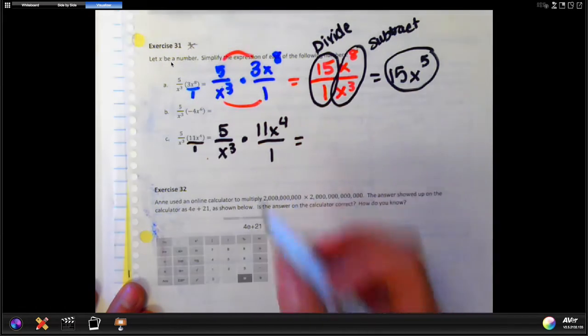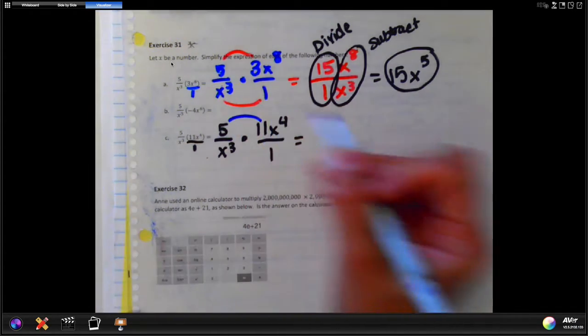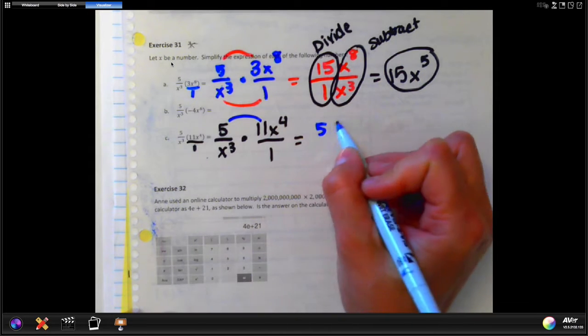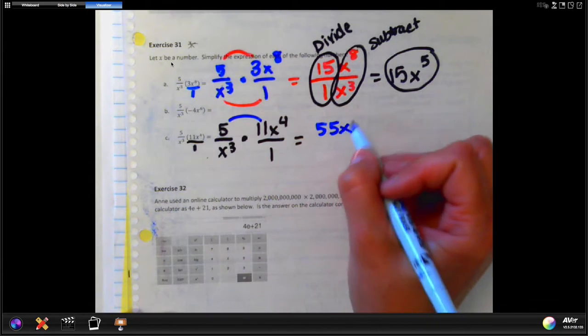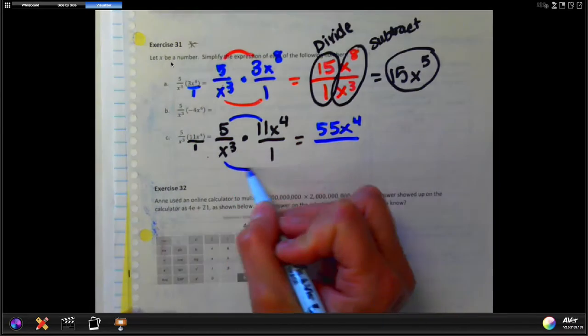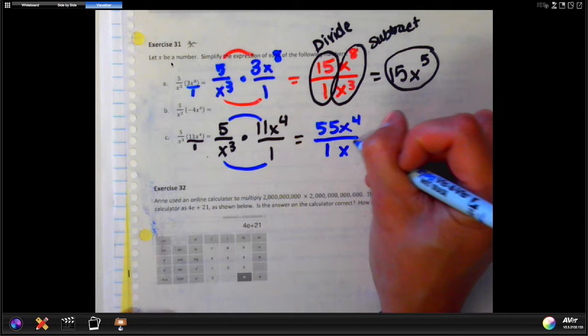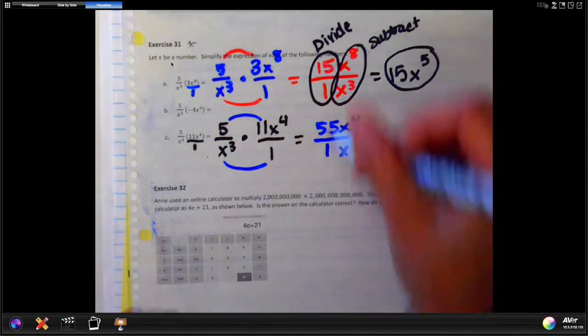Then we will multiply the top number by the top number, the numerator by the numerator. So 5 times 11 is 55. X to the fourth has to go on there as well. And then the bottom times the bottom, x to the third times 1 is, again, 1x to the third power. And then we split it.